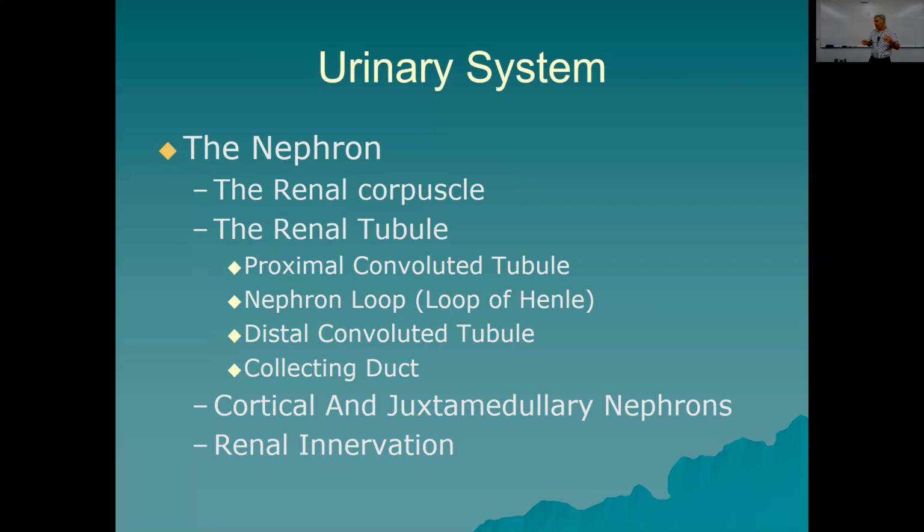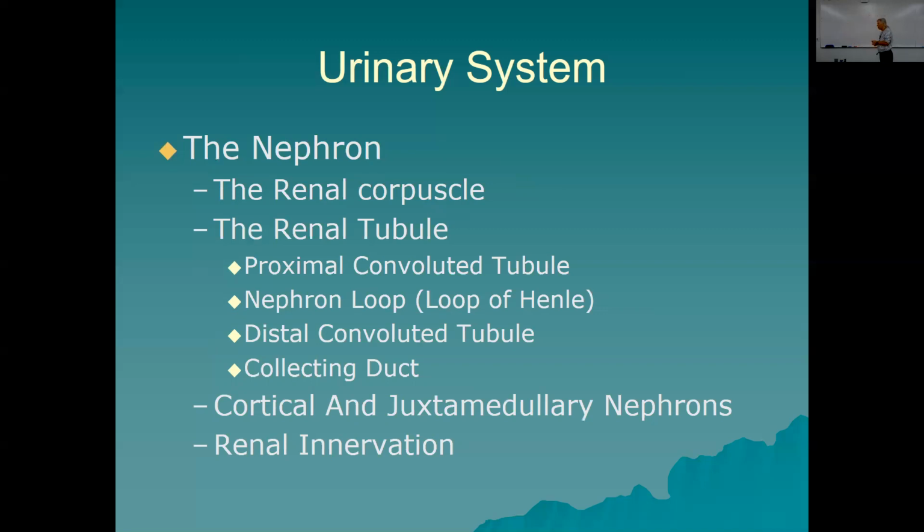And this filtrate then goes to the renal tubule, which has several parts that do different things, called the proximal convoluted tubule, the nephron loop, or as I learned, the loop of Henle, then the distal convoluted tubule, and then the collecting duct. The different areas along the nephron.